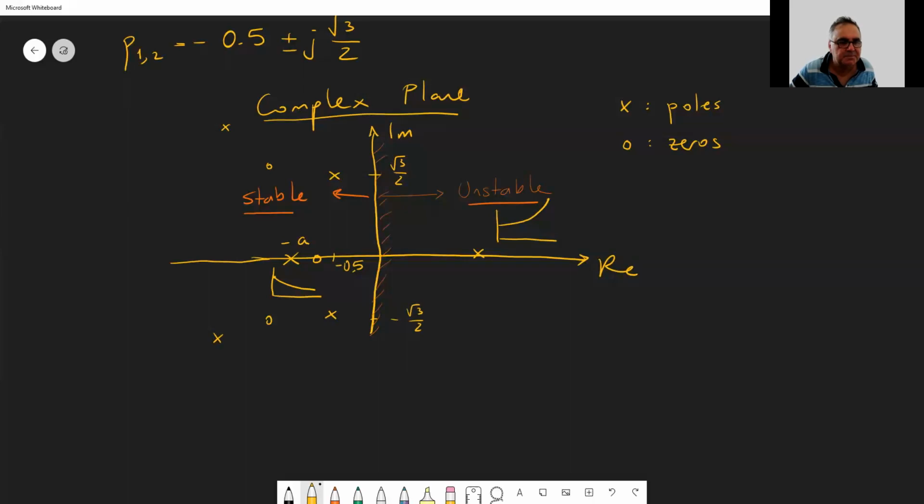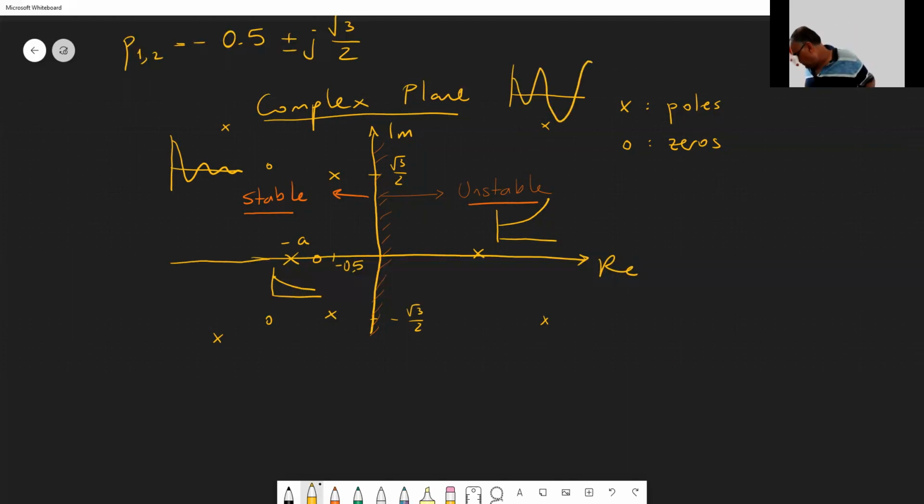And if you have complex poles, the response would be an oscillation like this one. Stable oscillations. Whereas if you have poles here, for example, you will have unstable oscillations.